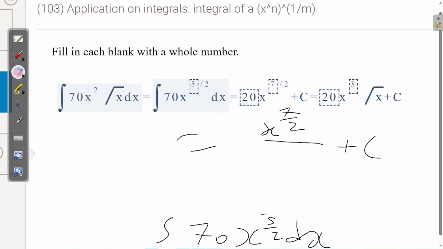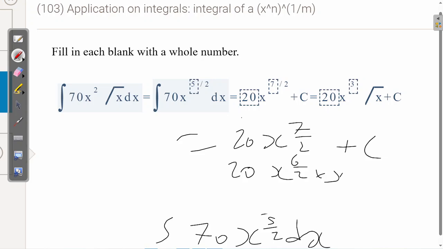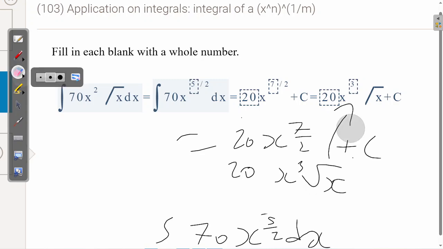So this will be 20 x 7 over 2. And then you just fill in here. And 7 over 2 you can split into 20 x power 6 over 2 times x power half. So 6 will become x power 3, and the half will become square root of x, which is what they get here.